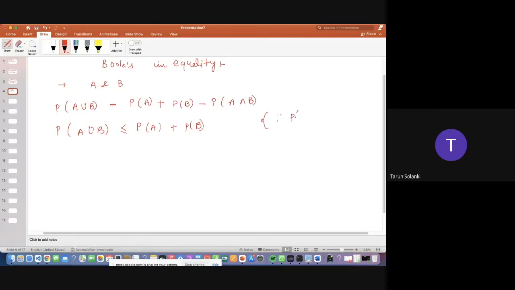Which comes from P of A intersection B being greater than or equal to 0. Correct?